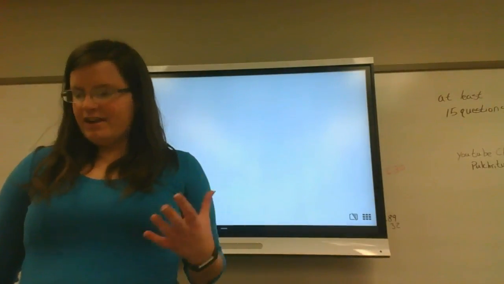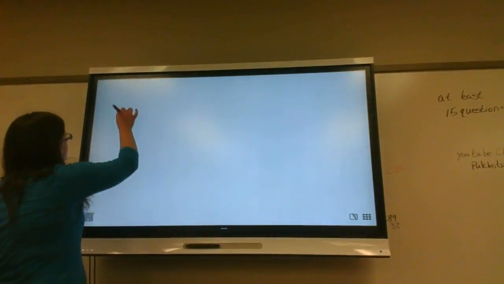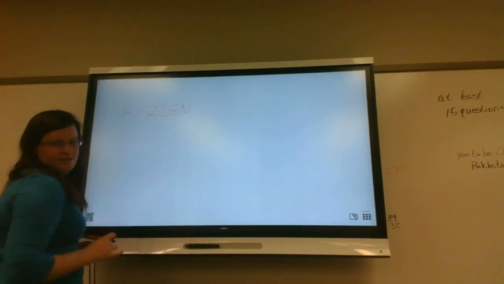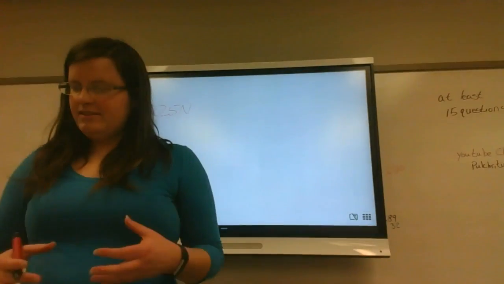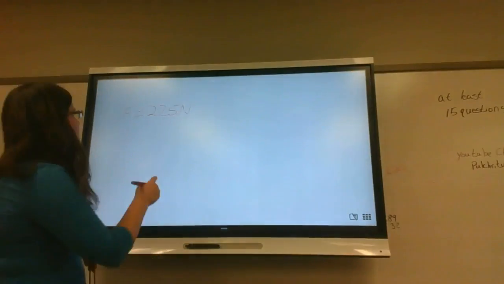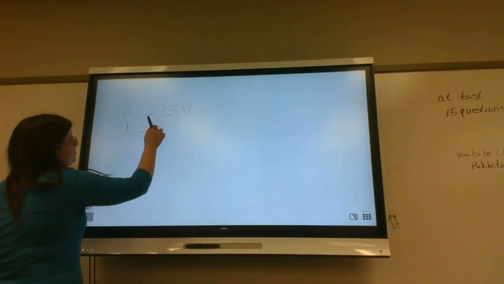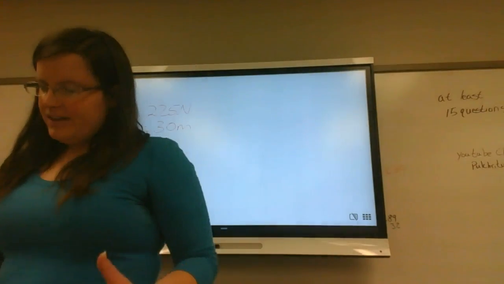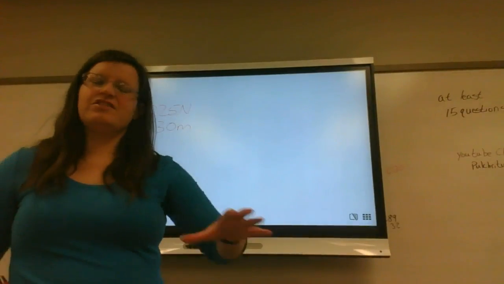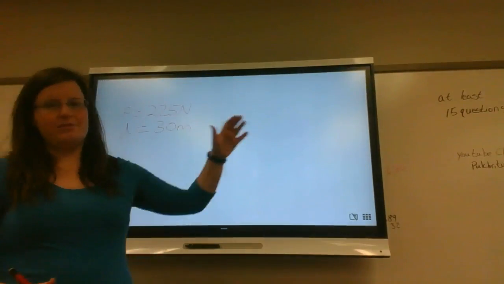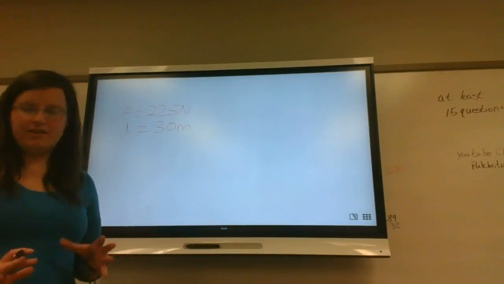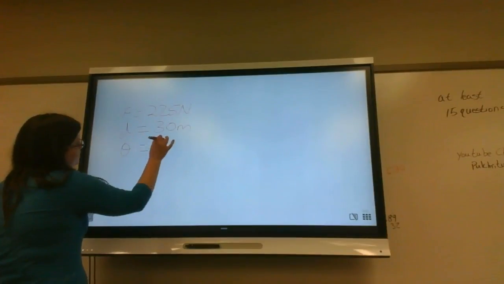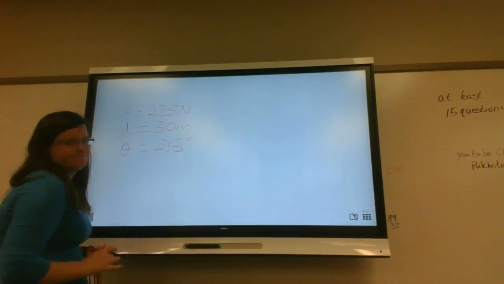So first, let's write down what we know. We know that force equals 225 newtons. We know that the distance is going to be 30 meters, so D equals 30 meters. But we have something else to factor in, because if it was just pulling the boat 30 meters straight, we're done. We have all that we need. But we have to factor in the angle, and the angle is 25 degrees.